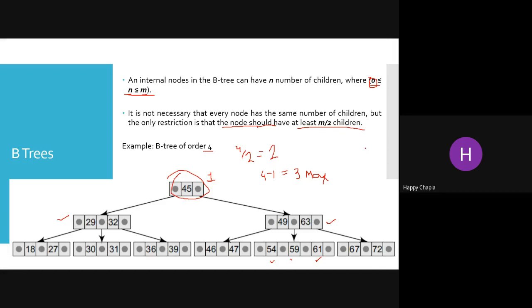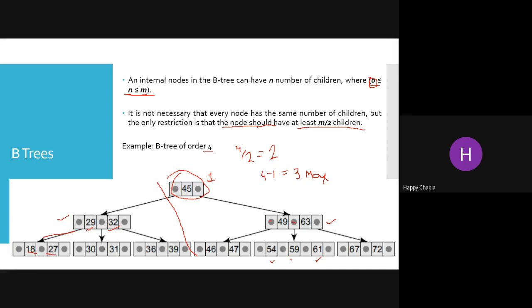And this one is okay too. You can see that whatever elements are stored to the left of 45 are less than 45, and this one is greater than 45. The dots mentioned here show the maximum children you can store in the next level. Now here 29 and 32. To the left of key 29 you can only store values less than 29, that is 18 and 27.